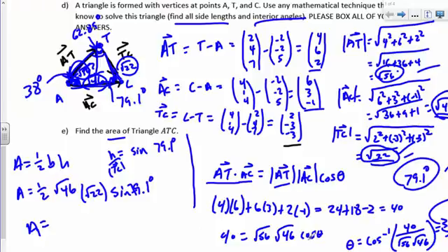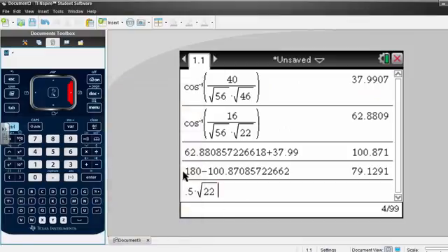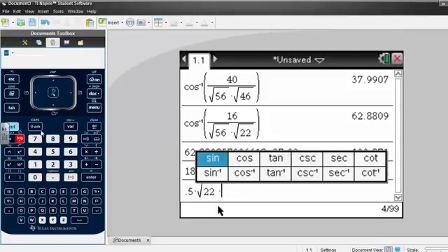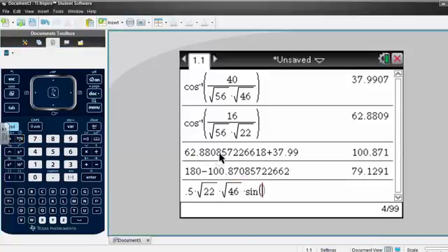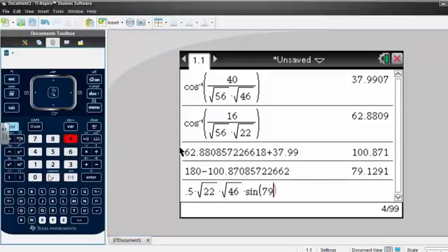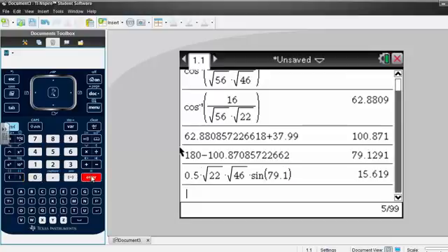Times root 46 times the sine of 79.1 degrees, which is that angle we just found right above there. Okay, this is going to be approximate, but very close. And it is about 15.6 square units here.